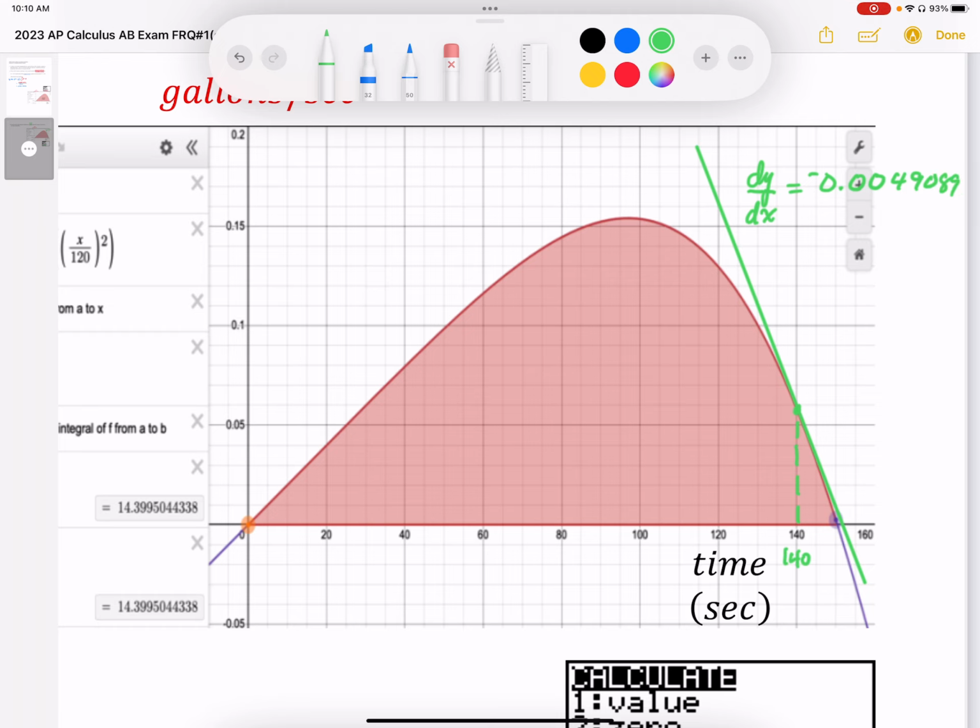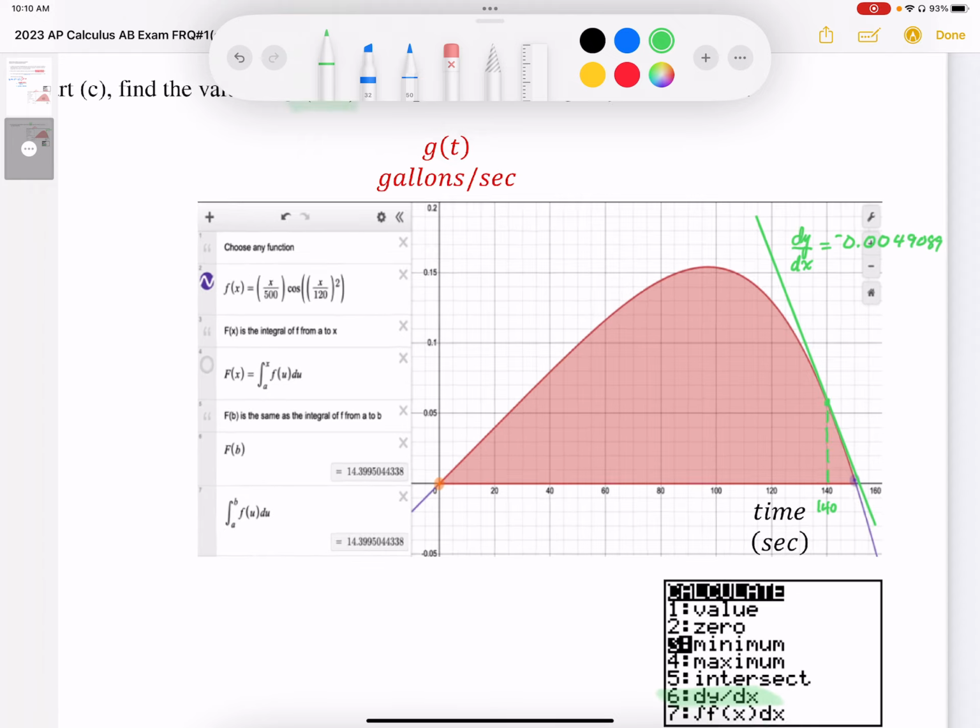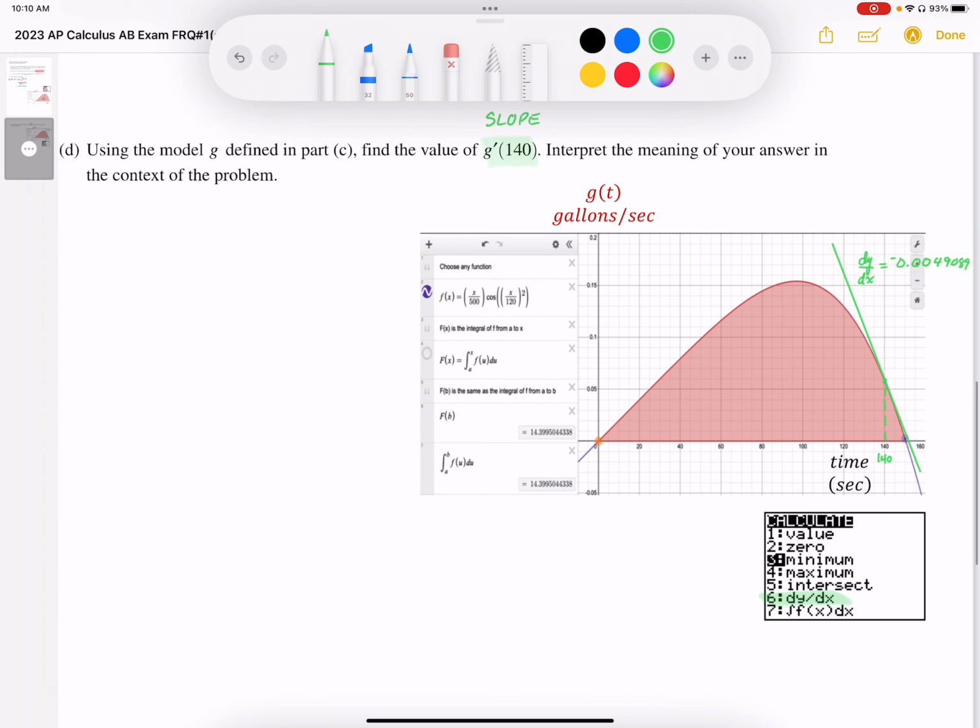We round that to the third decimal, so G prime of 140 is equal to negative 0.005, and this is in gallons per second squared.